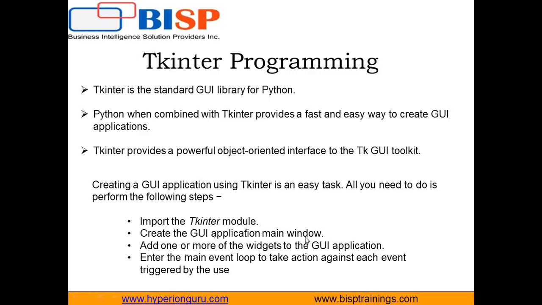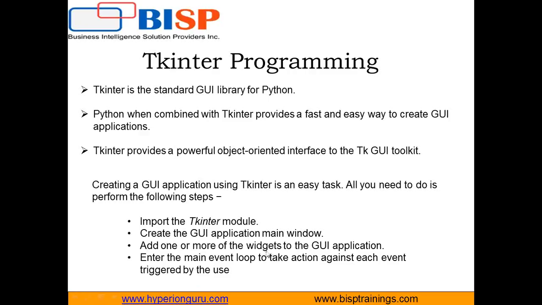Then we create the GUI application main window. Once the main window has been created, we add one or more widgets to the GUI application. Widgets are ready-made tools, ready-made objects which we can add directly on our application main window, and enter the main event loop to take action against each event triggered by the user.